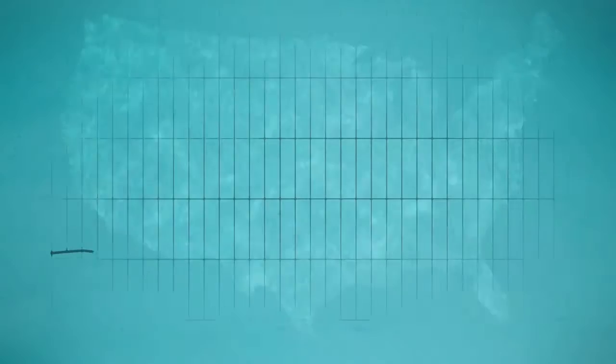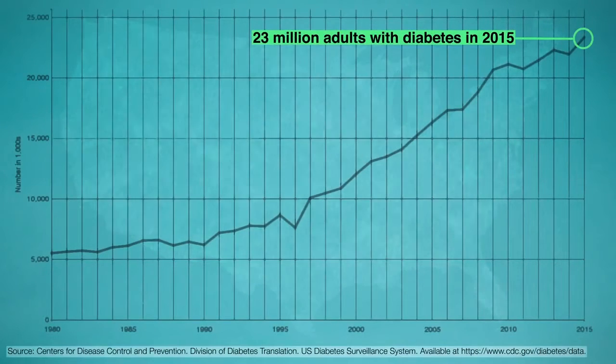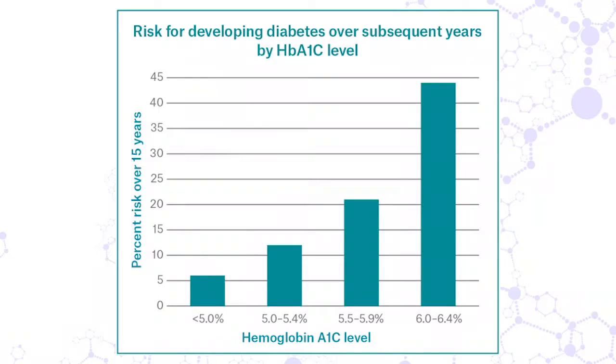Now let's see how HbA1c results are interpreted. HbA1c results are interpreted in percentage. A person who does not have diabetes and is very healthy will have an HbA1c anywhere between 4% and 5.6%. If you are on the verge of getting diabetes, what we call pre-diabetes, your HbA1c will be anywhere between 5.6 and 6.4%.